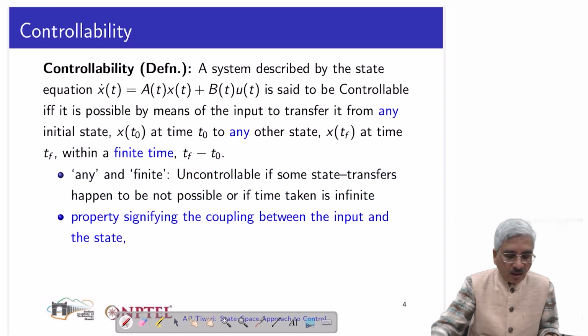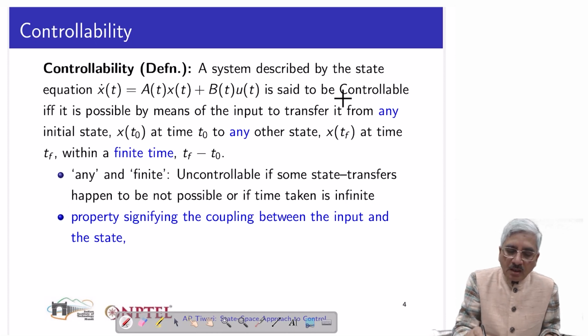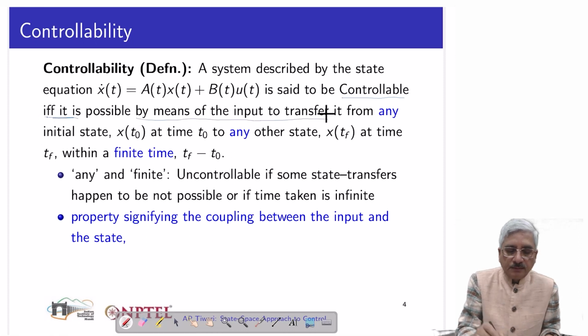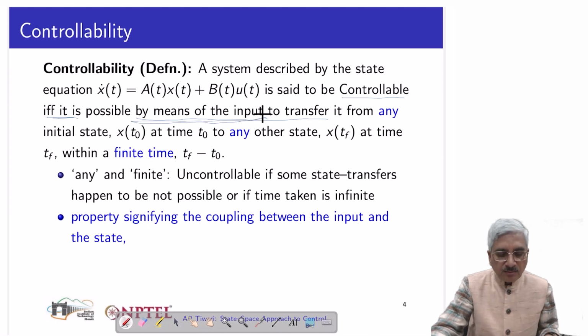The other thing is that if we read the definition once again, controllable if and only if it is possible by means of the input. I want special attention to this phrase, by means of the input.